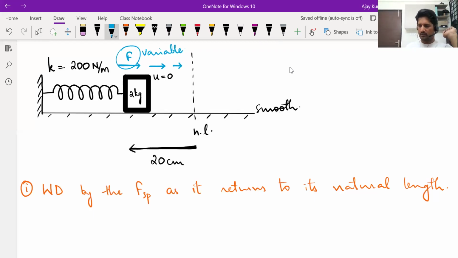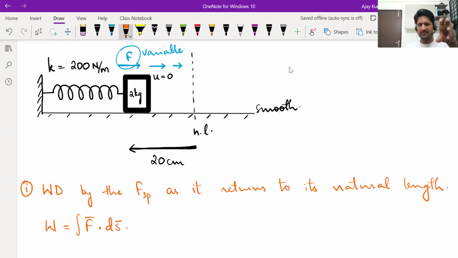Can one of you tell me what is the formula for work done by a variable force? Vanilla, don't answer. Someone else. Sir, integration of F dot ds. Correct. Since the force is variable, it is integral F dot ds that we have to use.